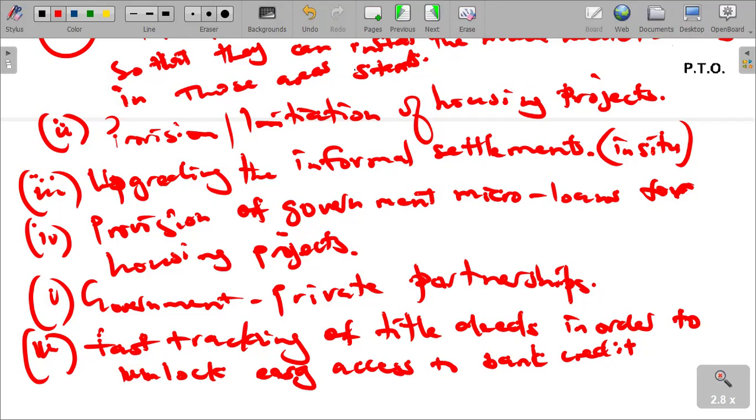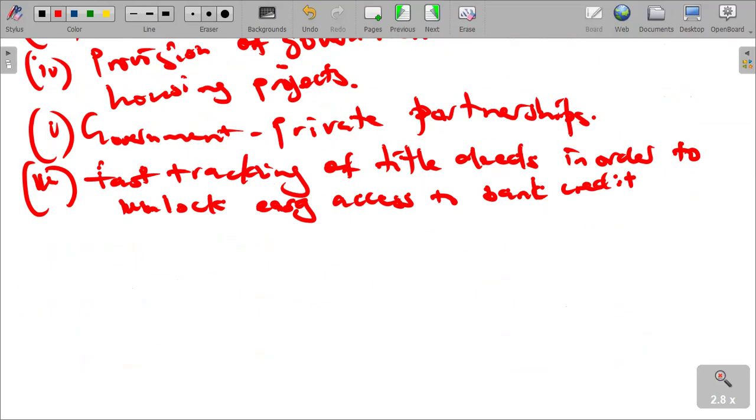Maybe last but not least, we can talk about the initiative for public works programs, their implementation and enforcement.